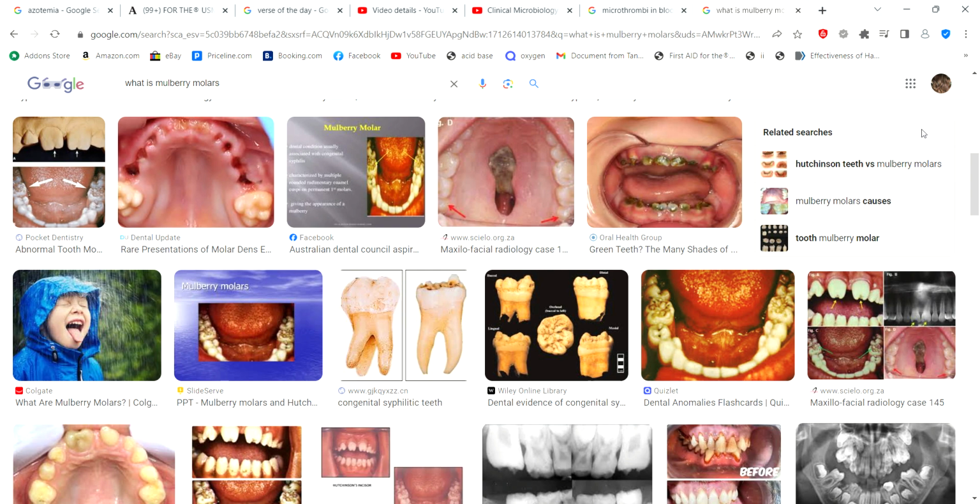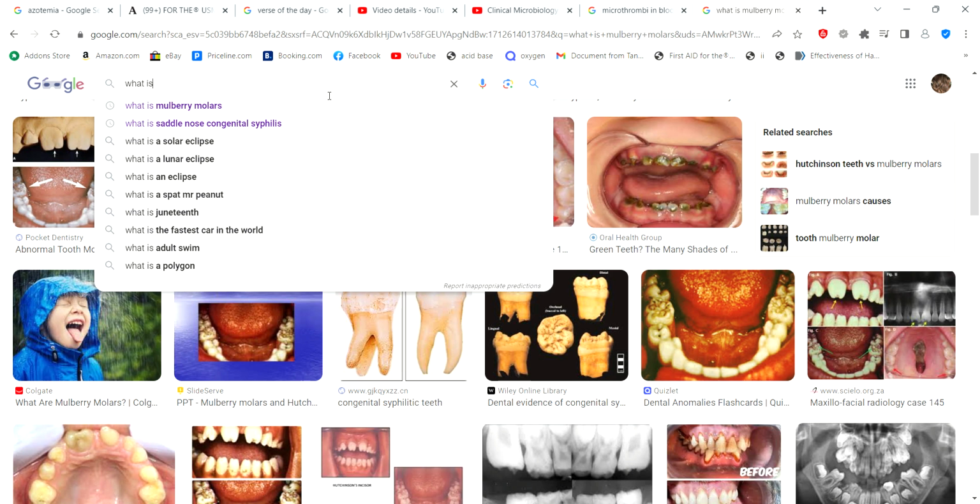Okay, and short maxilla and saber shins. What is short maxilla?